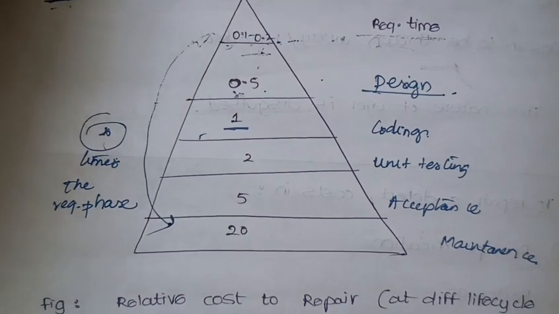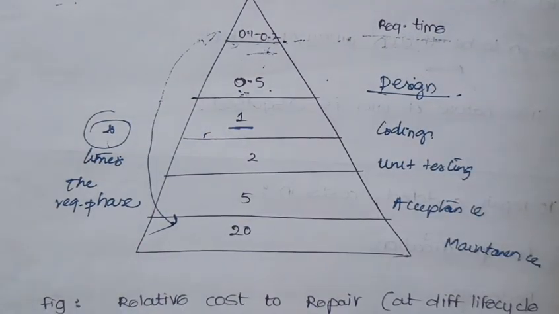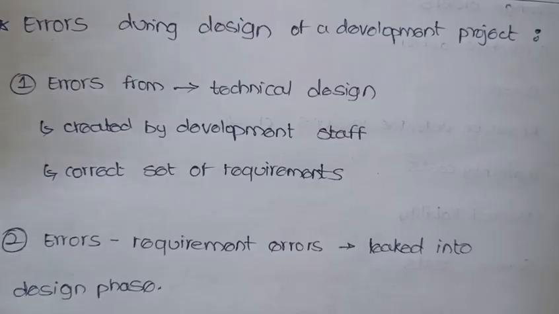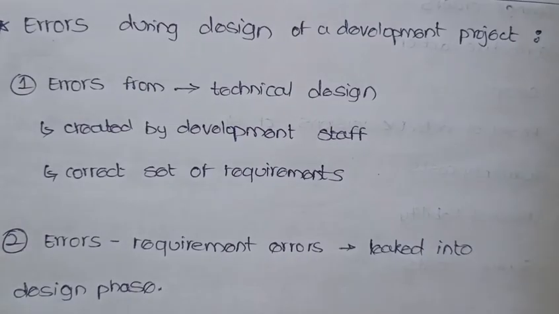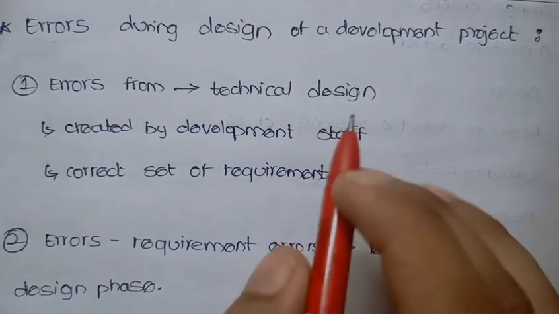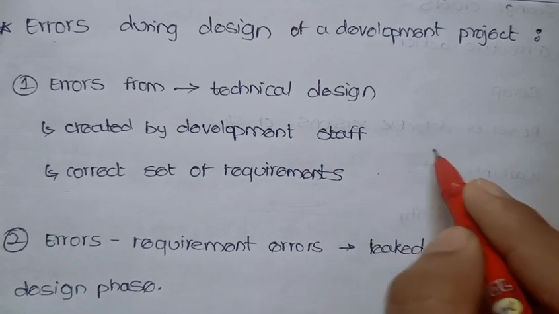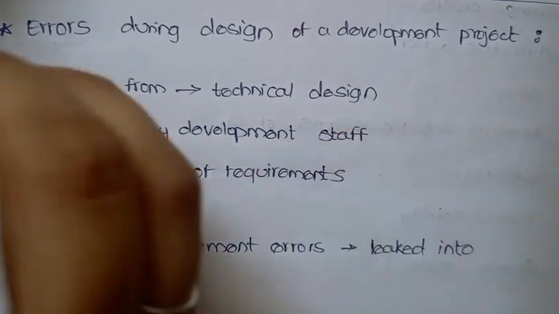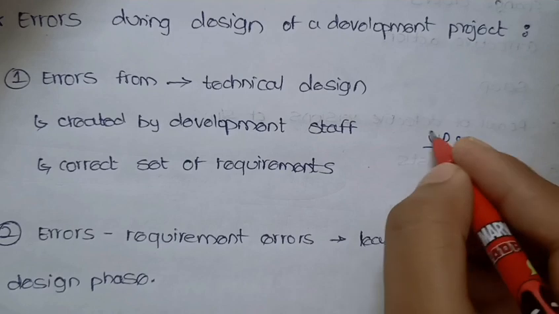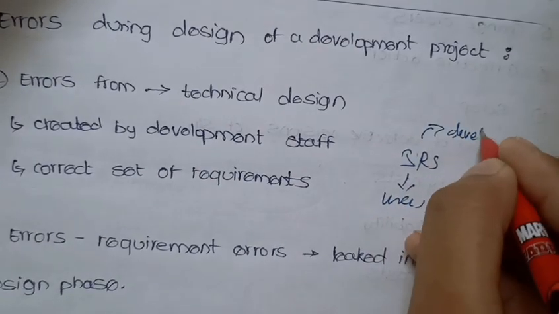Okay, so now let's go into the errors during the design of a development project. Let's discuss what those errors are. There are two kinds of errors. The first one is errors from a technical design. Imagine the development team has created a technical design from a correct set of requirements, as given in the SRS, and this SRS is developed by the developers, of course.